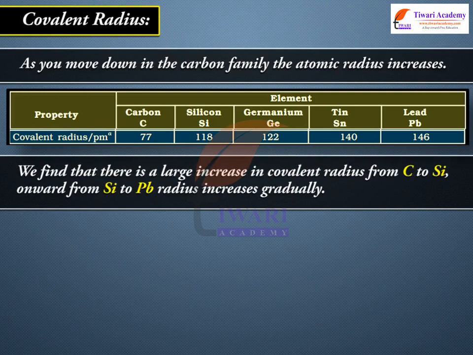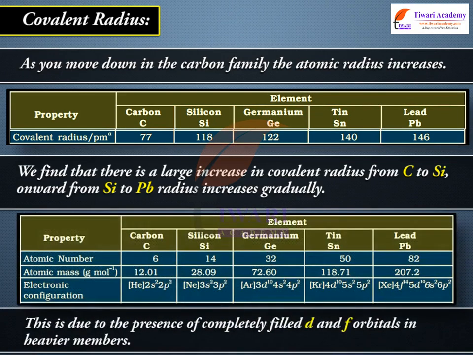We find that there is a large increase in covalent radius from carbon to silicon onward. From silicon to lead, radius increases gradually. This is due to the presence of completely filled d and f orbitals in heavier members.